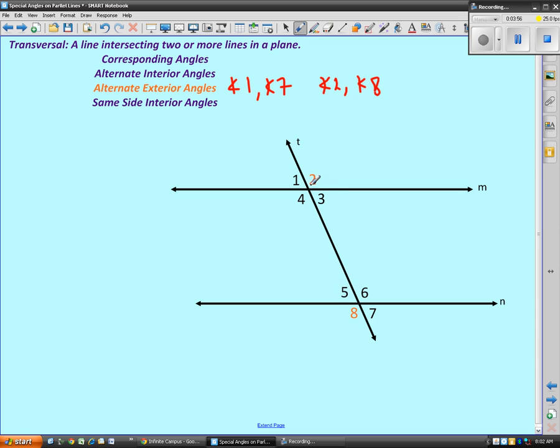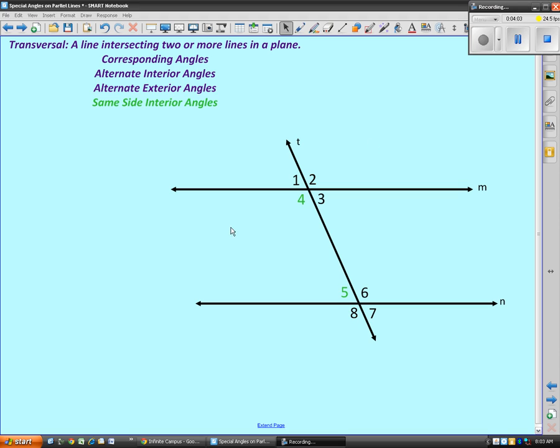The next set of angles that we will talk about are same side interior angles. Same side interior angles are basically like the alternate interiors, except they're on the same side of the transversal. So angle 4 and angle 5 are considered same side interior angles.